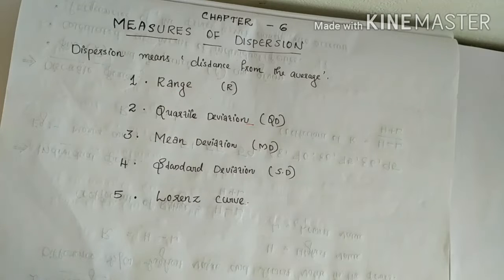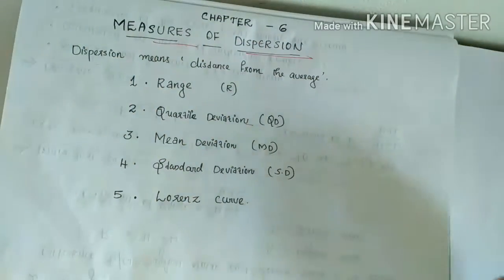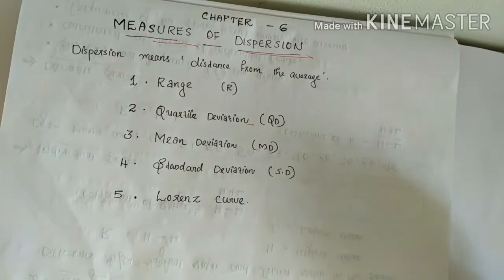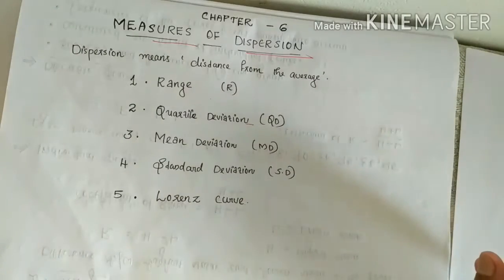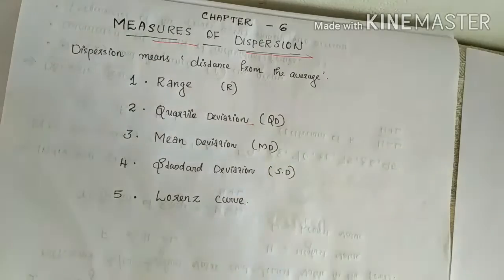Hi students. Now we will proceed to the next chapter, that is chapter number 6, measure of dispersion. In the previous chapter we dealt with measures of central tendency, in which we basically studied how to find out the average of a given series, which gives the central value around which all the values revolve or are spread.